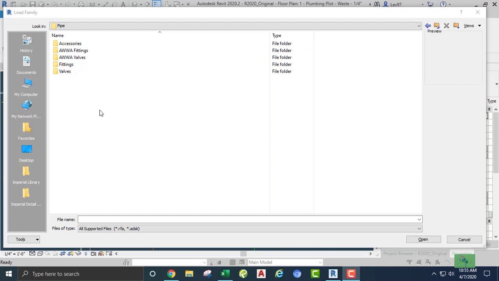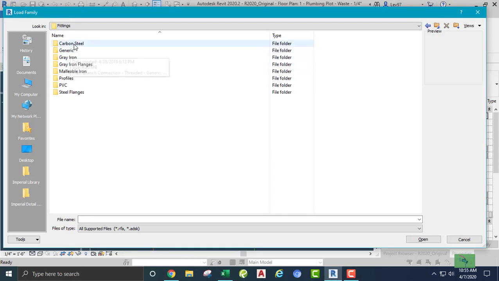okay, so if you want cast iron fittings, carbon steel. So what's available? All of these are flange fittings.